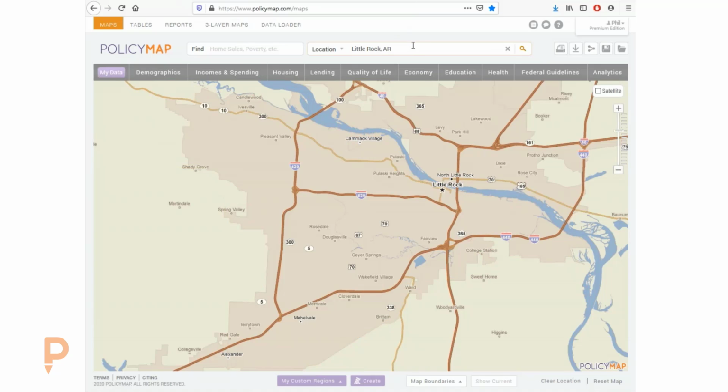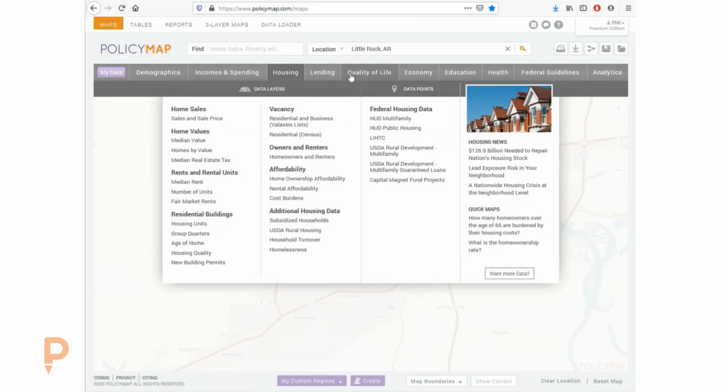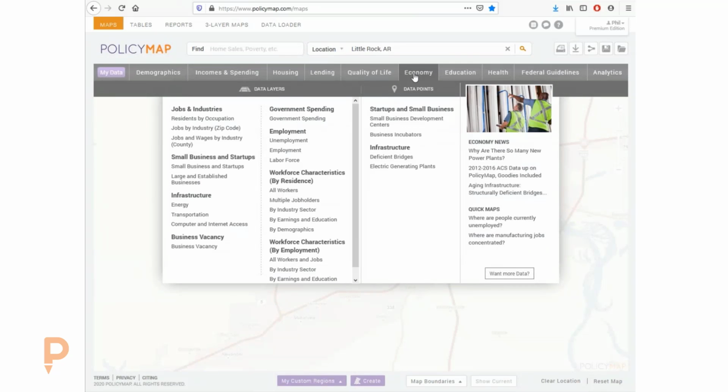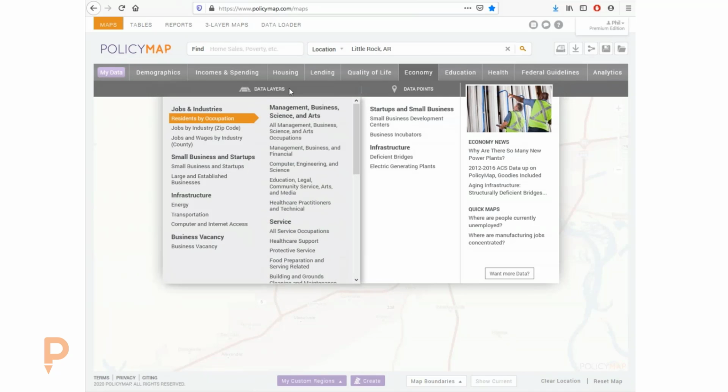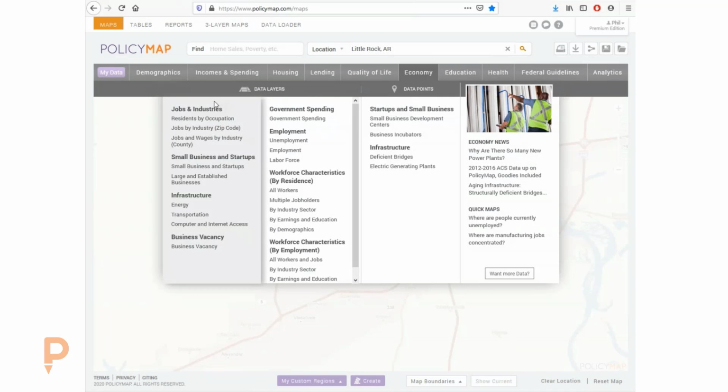You're going to use the search bar on the very top to zoom to a place, and then from there you can add data with the categories listed here. There are two types of data that you can interact with, and they're really broken up by the columns you see here. Columns 1 and 2 are data layers, and those are data that's aggregated or shown at a geography, so there's no address level data set associated to it.